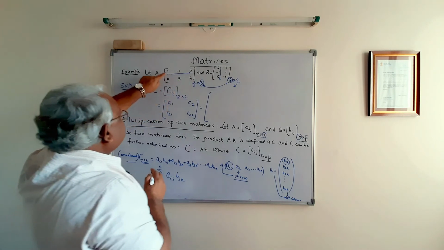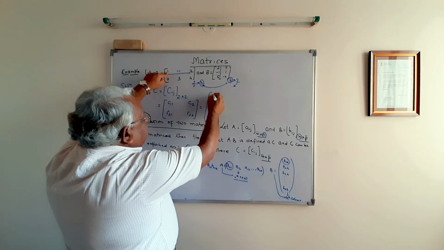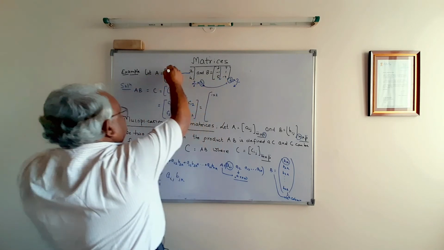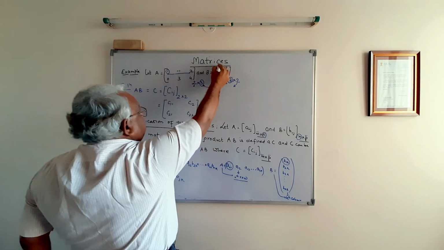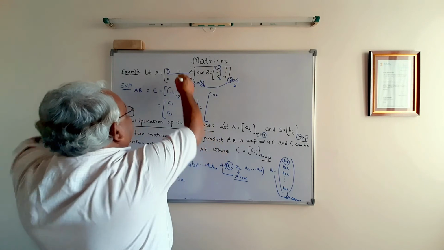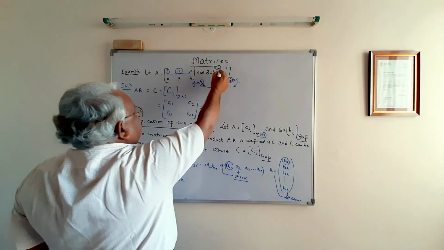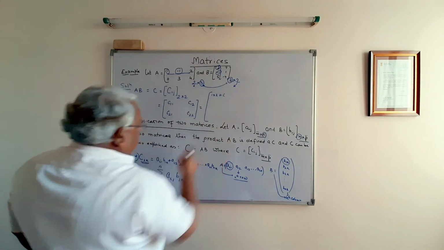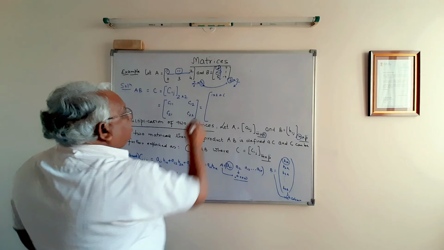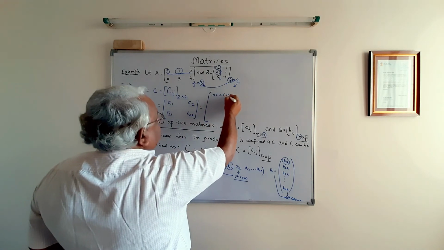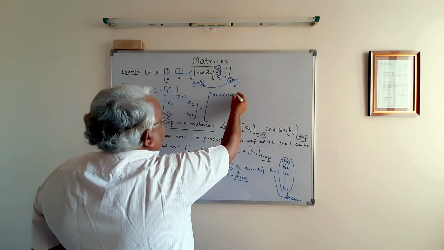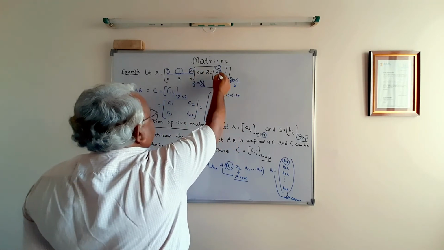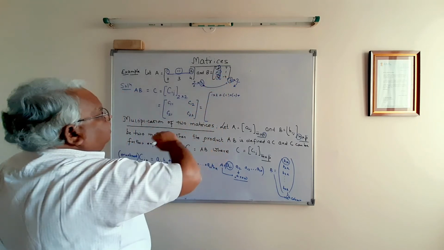So the first element is multiplied with the first element here. Then the second element is multiplied with the second element, and the results are summed. So it will be 1 into 2 plus -1 into -1 plus the third element of the first row multiplied with the third.